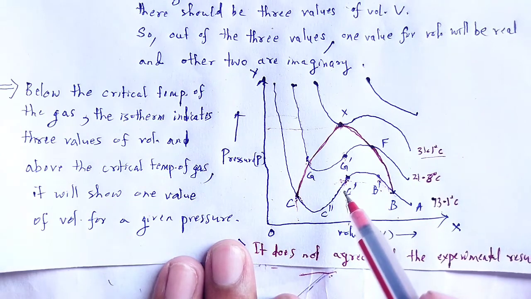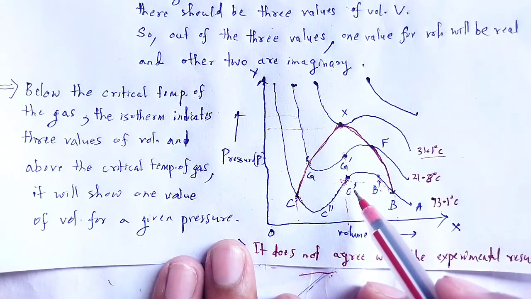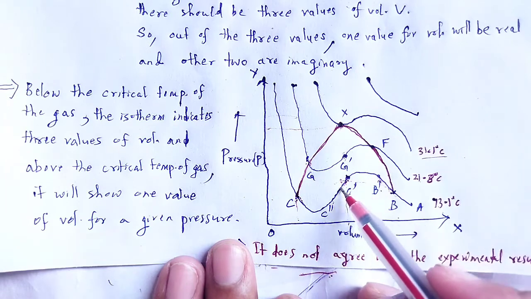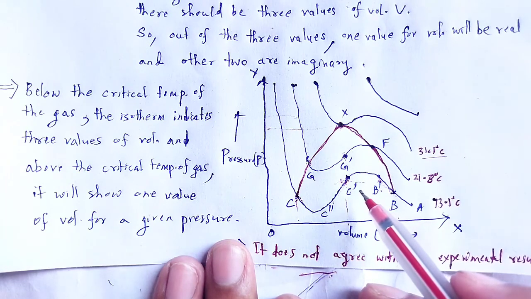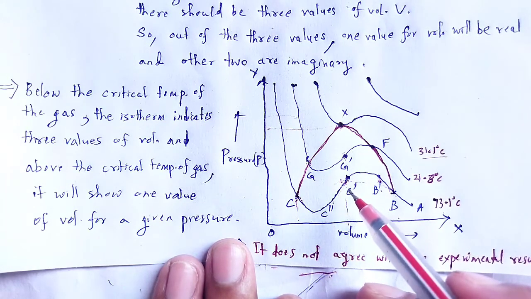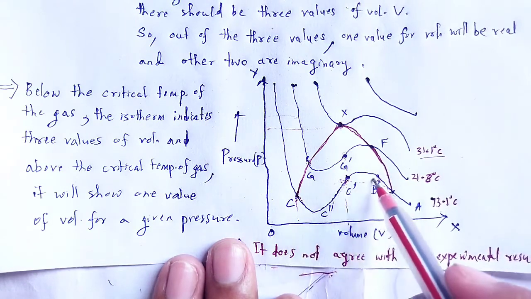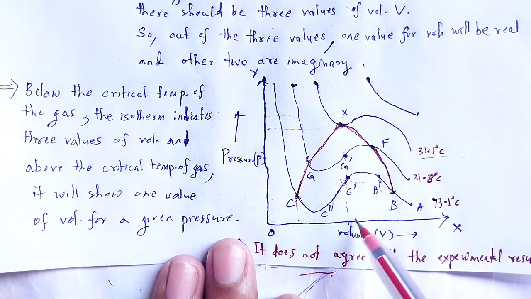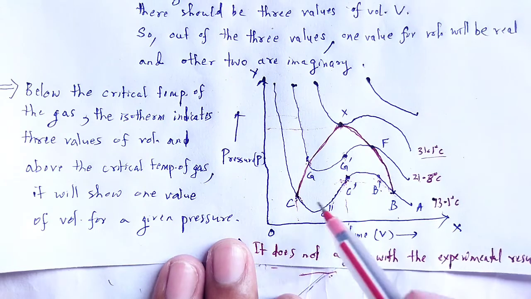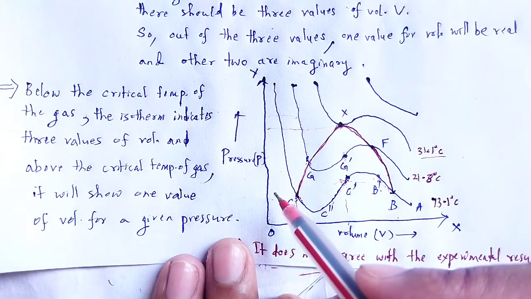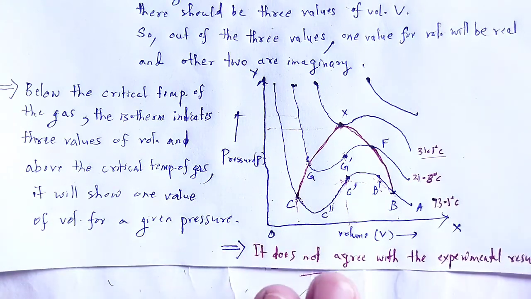But we can't explain the portion C double dash, C dash and B dash, because in this portion of the graph the volume decreases with the decrease of pressure, which is practically impossible.